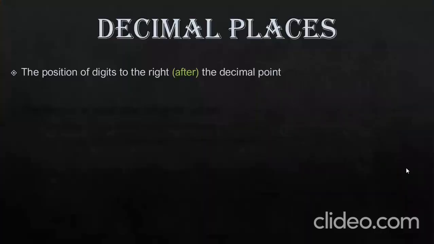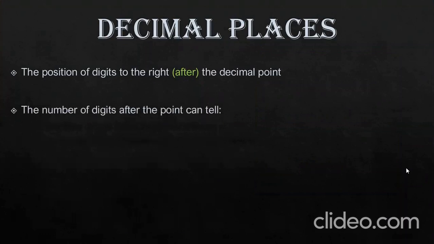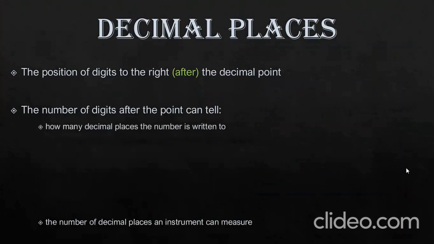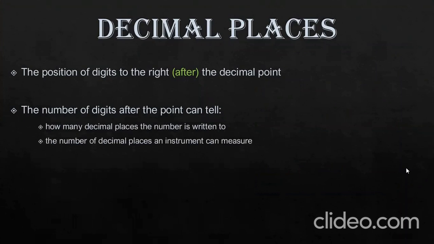When we talk about decimal places, we are referring to the position of digits to the right or after the decimal point. And so the number of digits after the point can tell how many decimal places the number is written to, or the number of decimal places an instrument can measure.